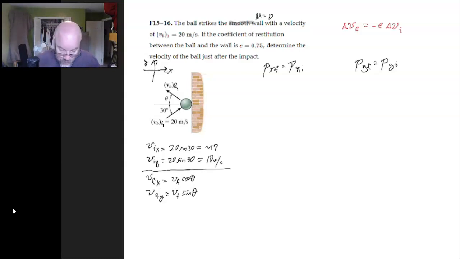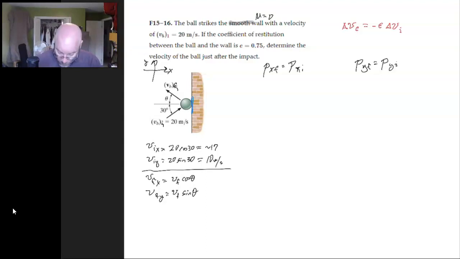Since it's a smooth wall, there are no vertical forces acting on the ball, which means that the vertical component of the ball's velocity isn't going to change. There's nothing to change it. Now, if we did have some friction, then that friction could change it, but we don't, so it doesn't.